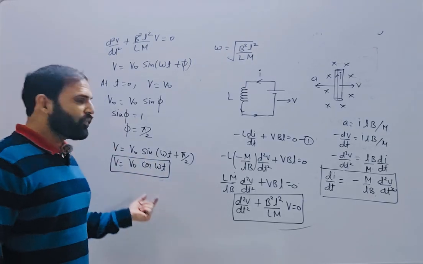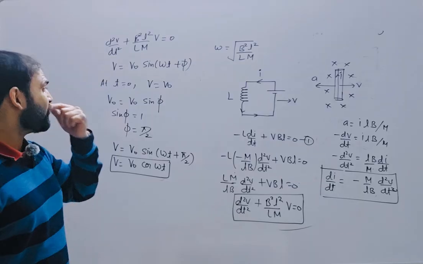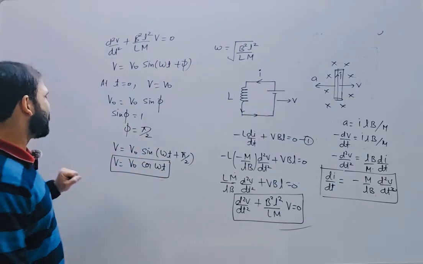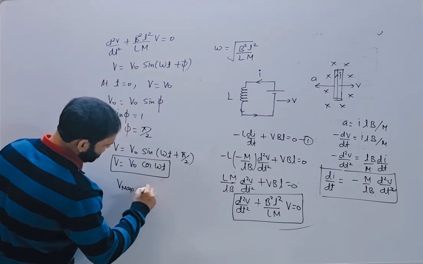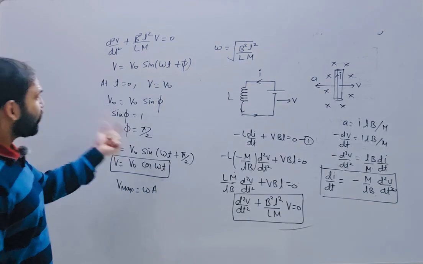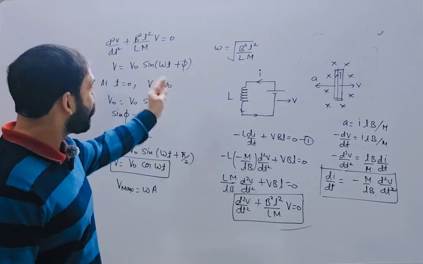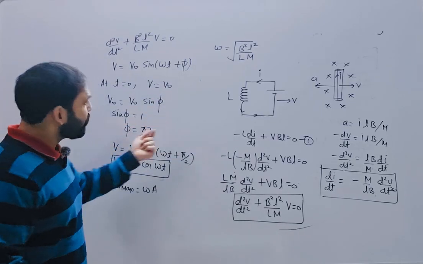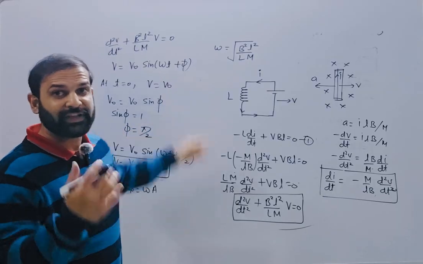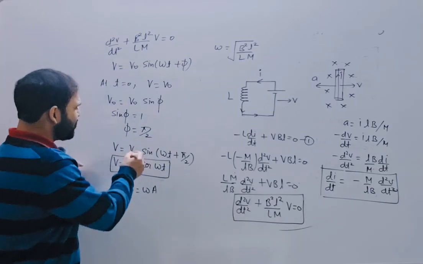Now how would you find the amplitude of any SHM from velocity? We can write v max is equal to omega multiplied by A. And what is the value of maximum velocity? When the rod is at t equal to 0, it is at its mean position. At that point the velocity is maximum, so the value of maximum velocity is v naught.